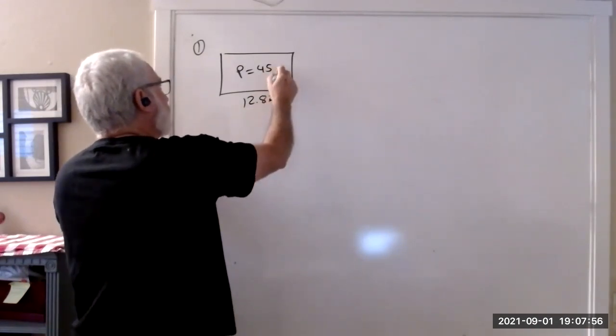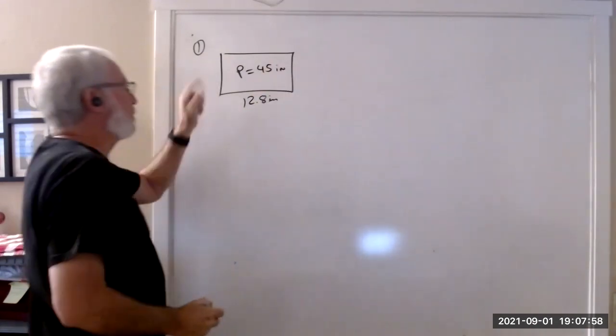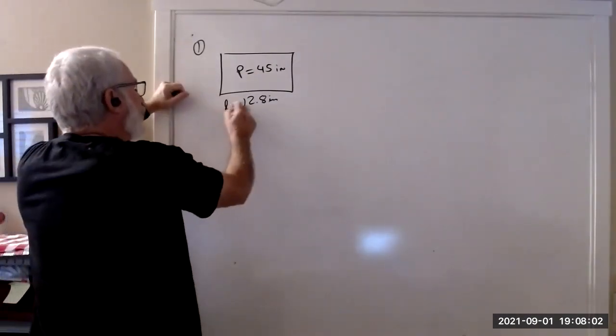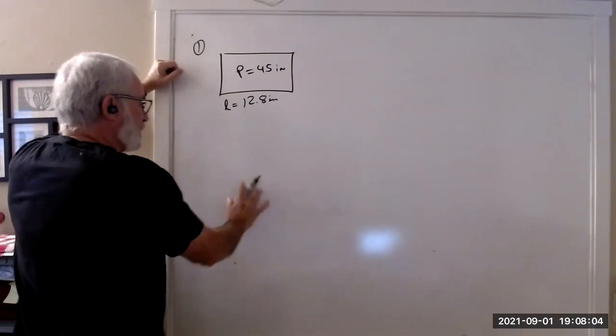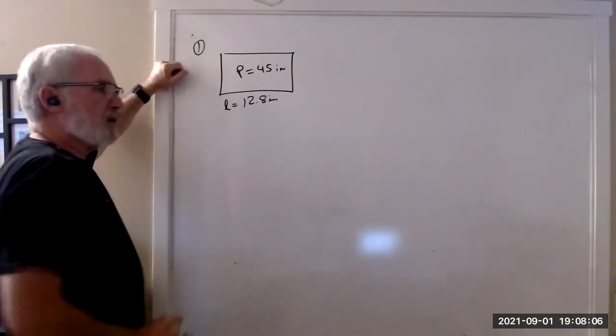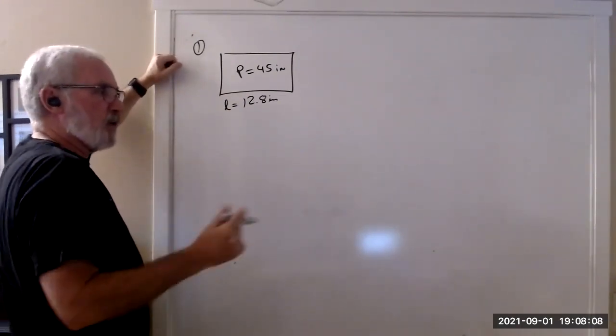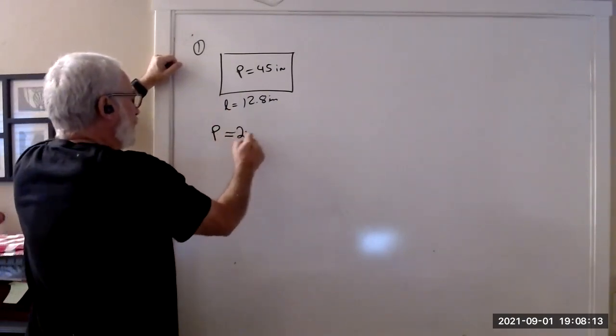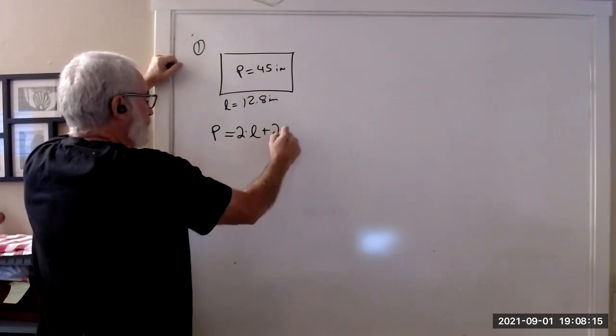So there's a picture. The perimeter is 45 inches. The length is 12.8 inches. Now, one of the things I said last night is this should be a formula that you have memorized. And the formula is P equals 2 times the length plus 2 times the width.